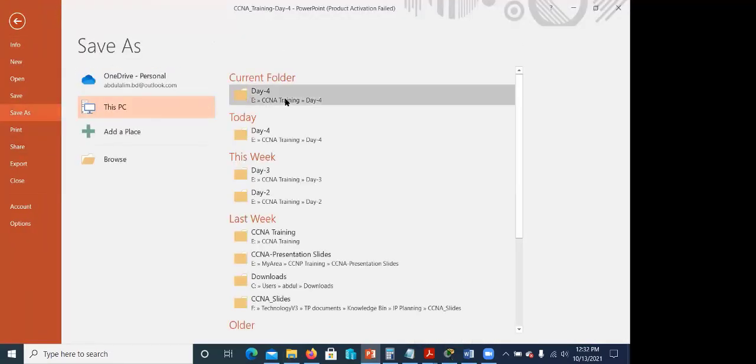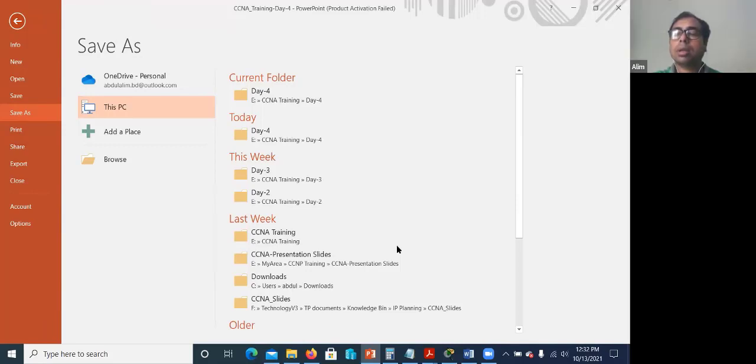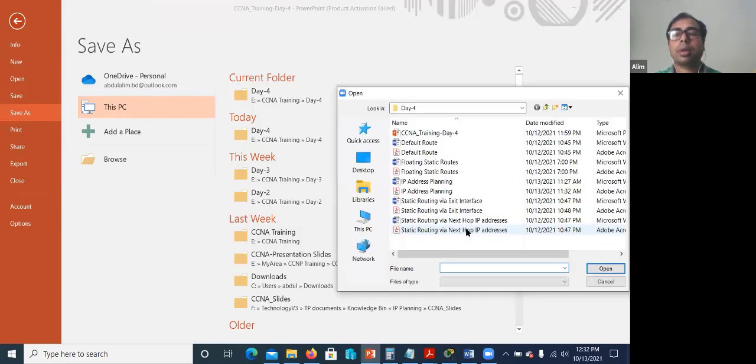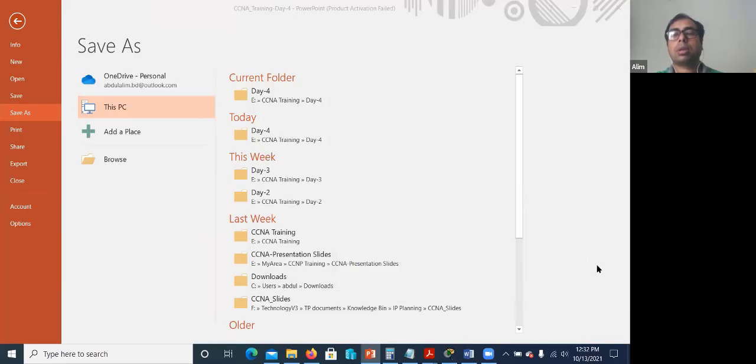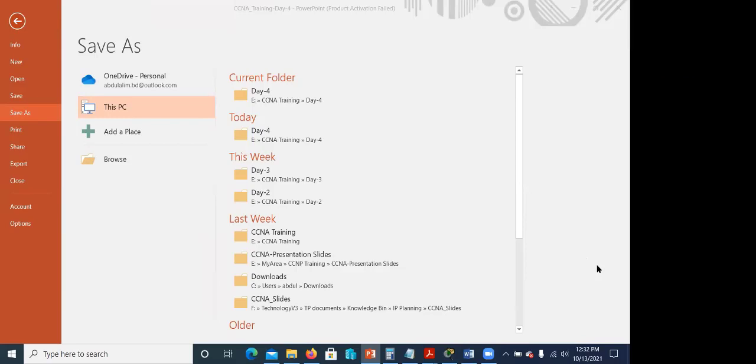Maybe you didn't get the floating static route. Floating is not shared, okay, sharing again. No problem. Got it? Yes, sir. Do it yourself.